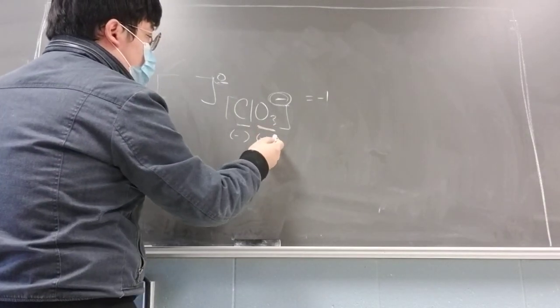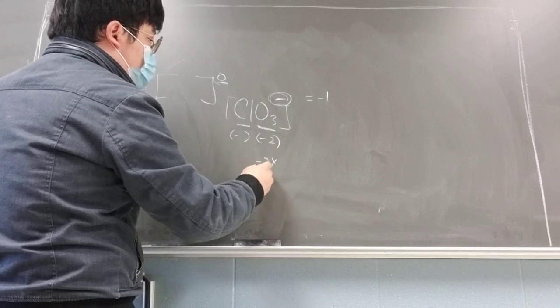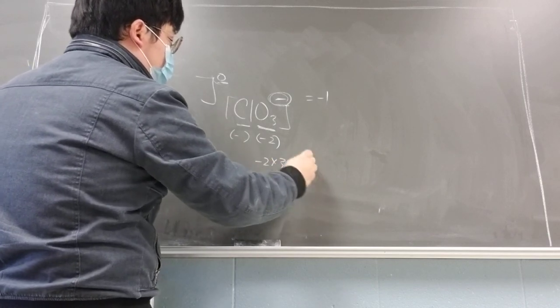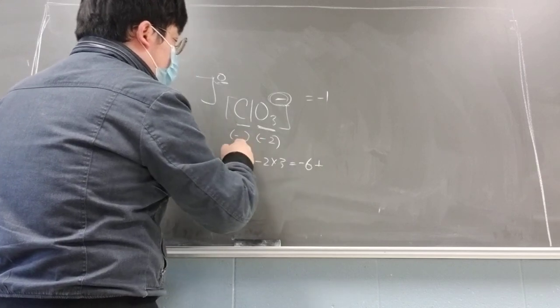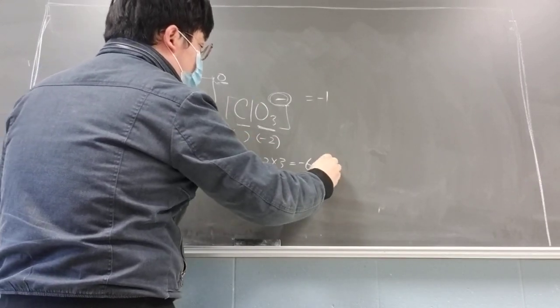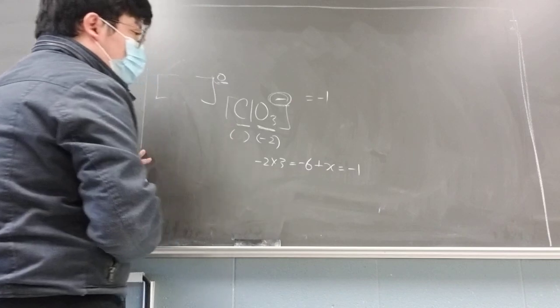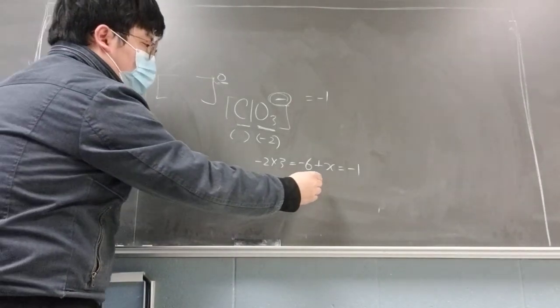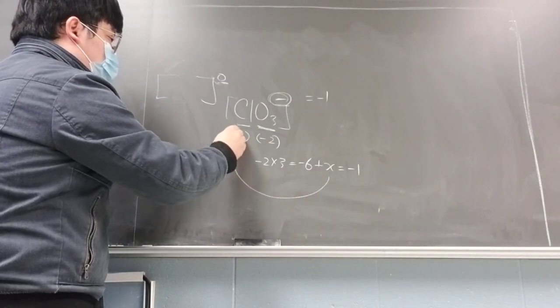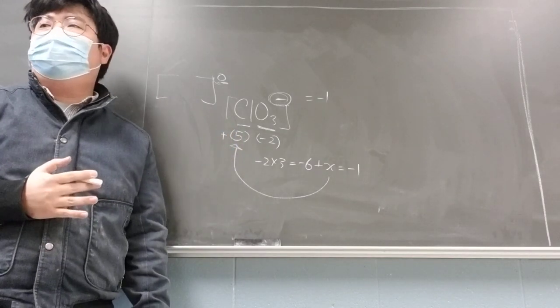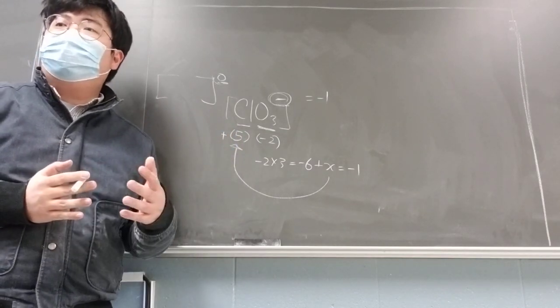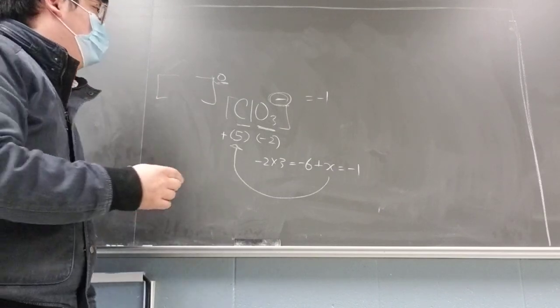So then it will make what? -2 times 3, -6. And then -6 plus the one chlorine oxidation number has to be -1. So X should be what? 5. So in this case, the oxidation number of chlorine, even though it's a non-metal, becomes positive. So this is also an exception.